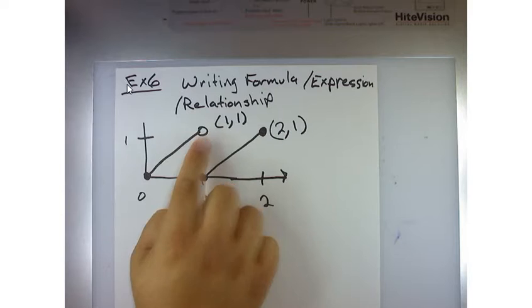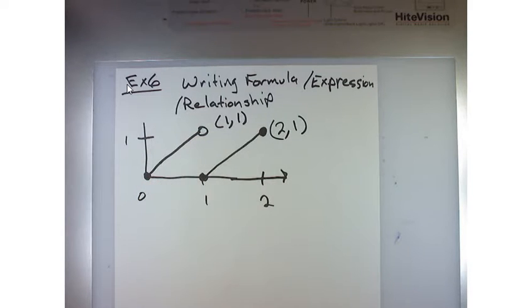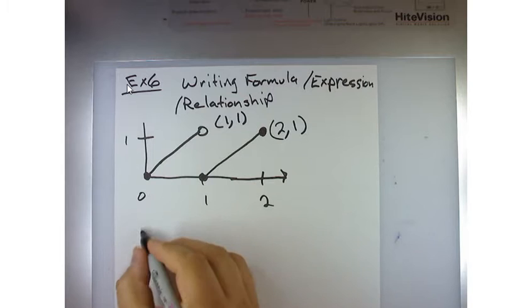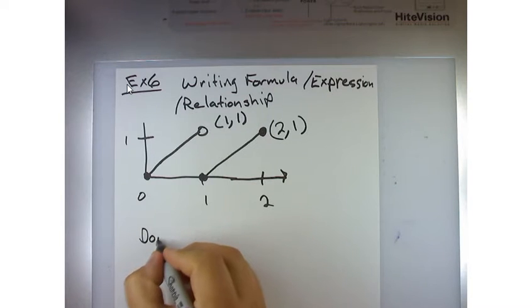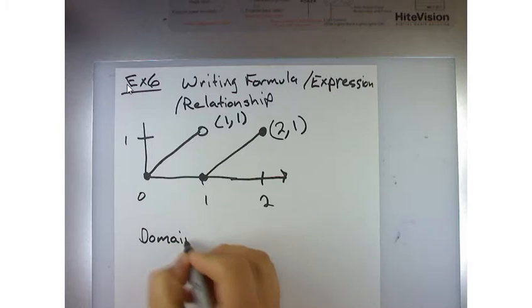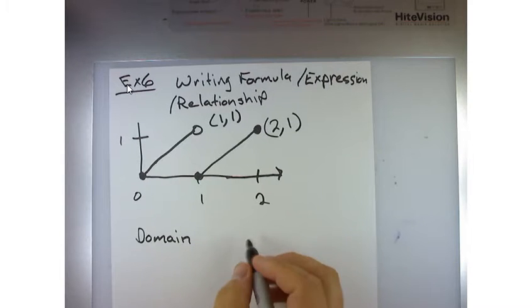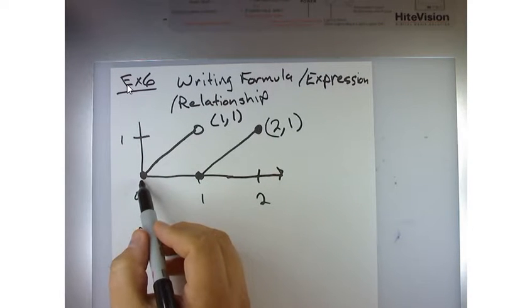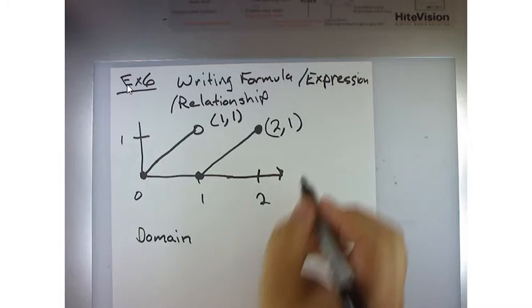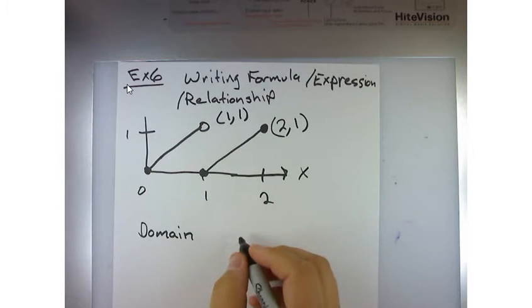So let's look at the domains first. Clearly, there are 2 relative domains in this behavior. The first one deals with, is x defined here at 0? Yes. So the lower boundary would be 0.